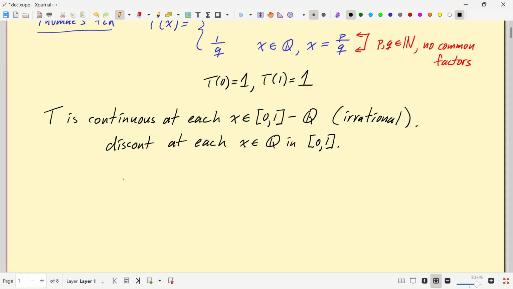And here's the way I like to think about it. Graph the function. At 0 and 1, it's equal to 1. There's 1. And then you think, okay, at a half, it'd be a half.